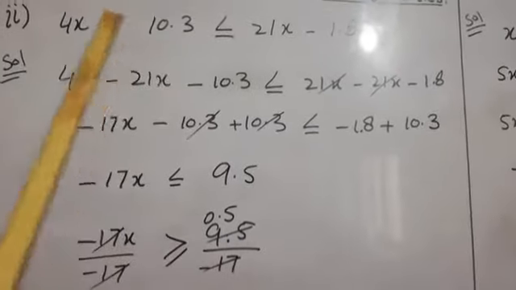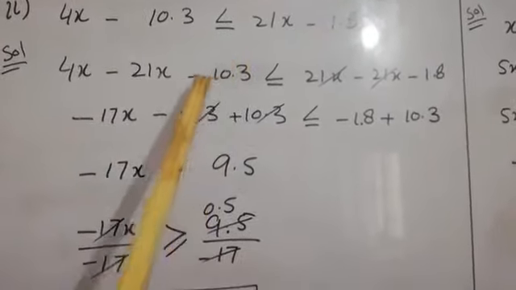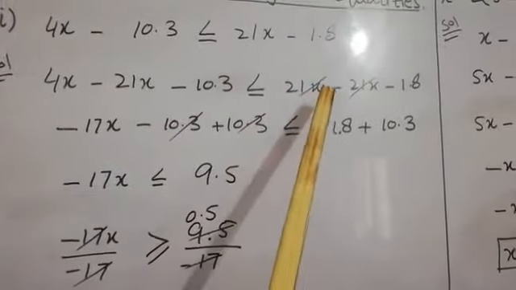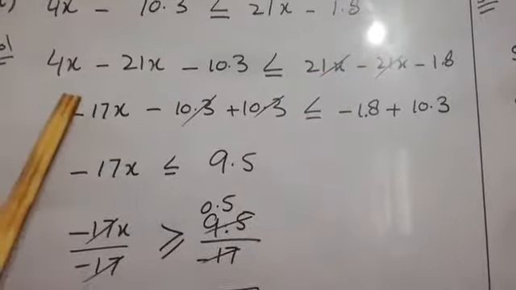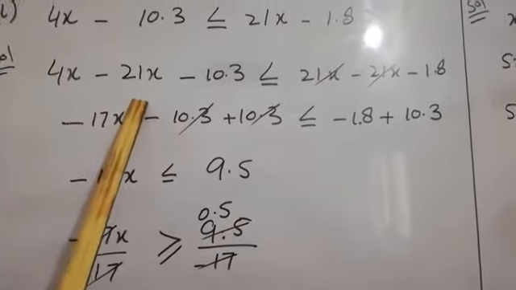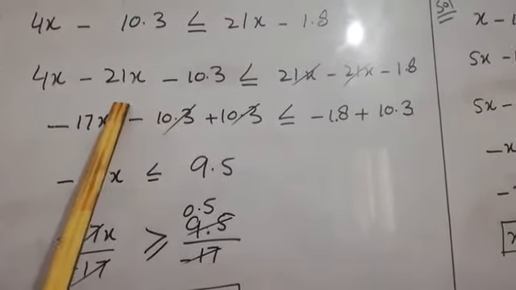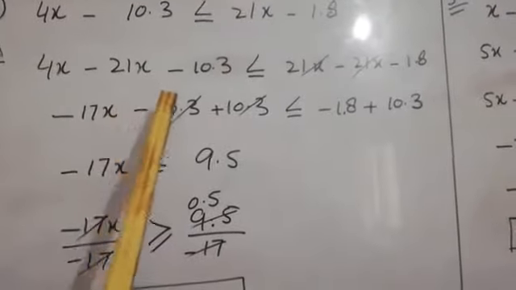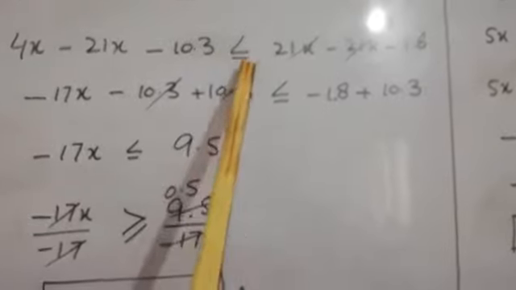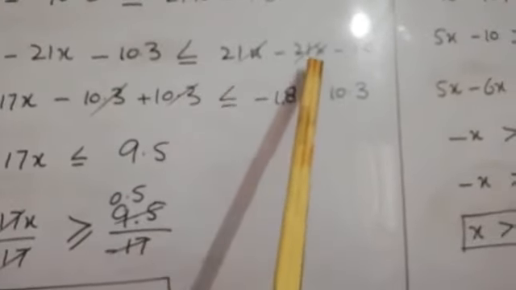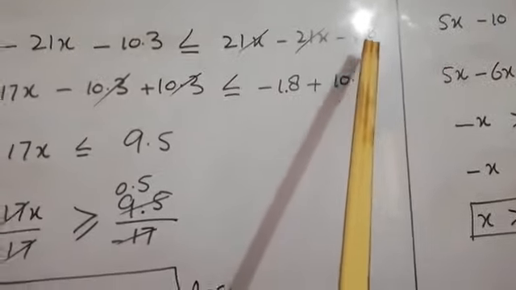First of all, in our first step we will take the inverse of the 21x on both sides. That means we will subtract 21x on both sides of the inequality. So 4x minus 21x minus 10.3 is less than or equal to 21x minus 21x minus 1.8.